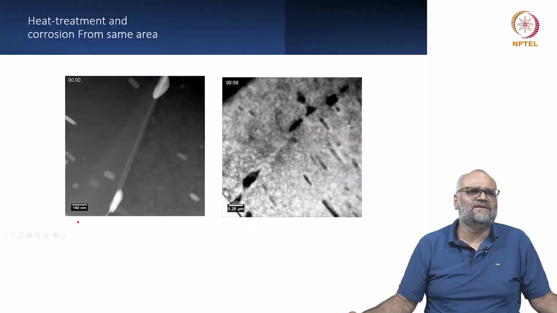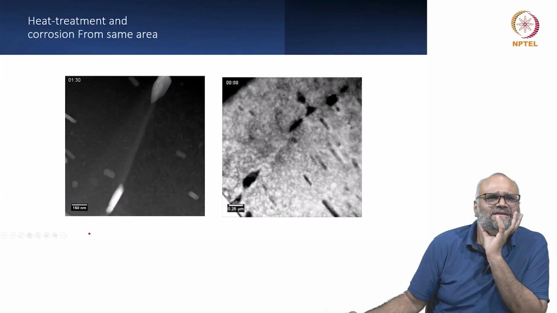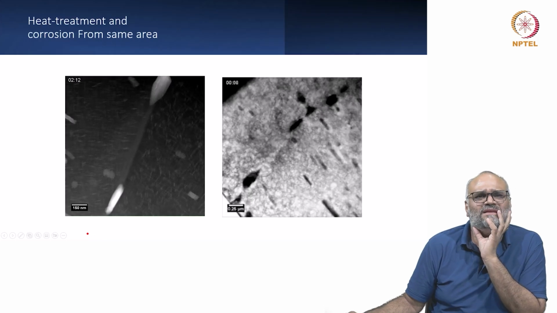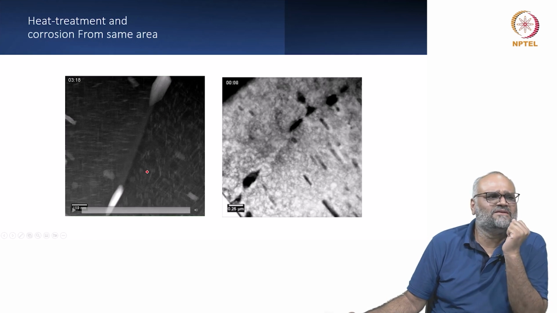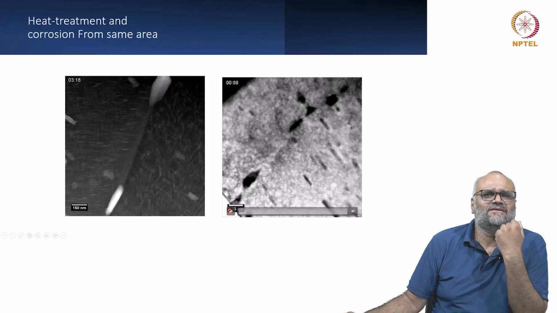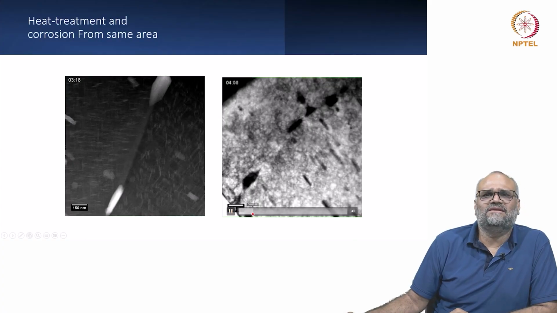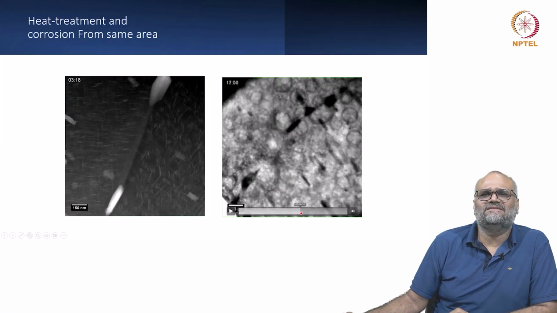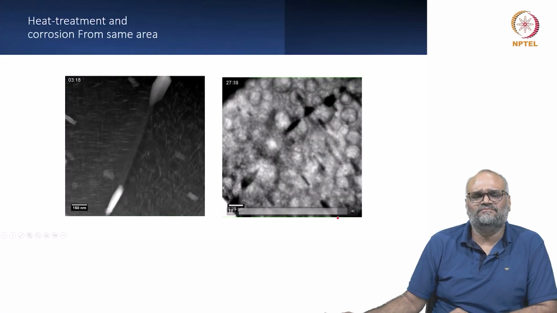And the answer is, if you heat a specimen at around 200 degrees centigrade, the way I showed you in the example earlier, these kind of precipitates start growing in the matrix. And on this same specimen, if you now close it with the nanoreactor, the top chip, and seal the nanoreactor and introduce oxygen bubbled through HCl, you can see that on the entire surface there is some kind of corrosion attack happening.